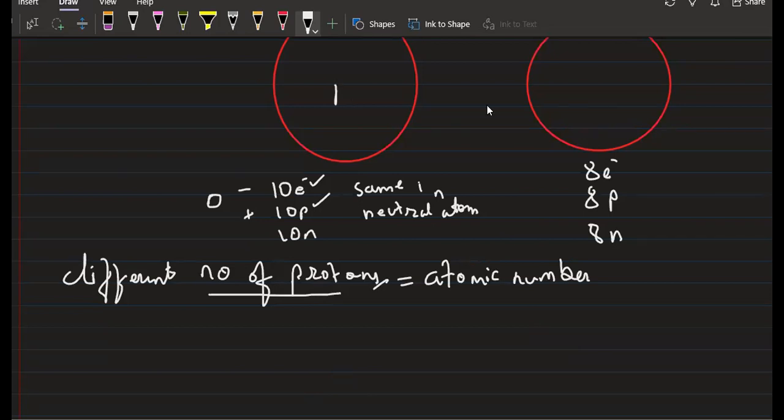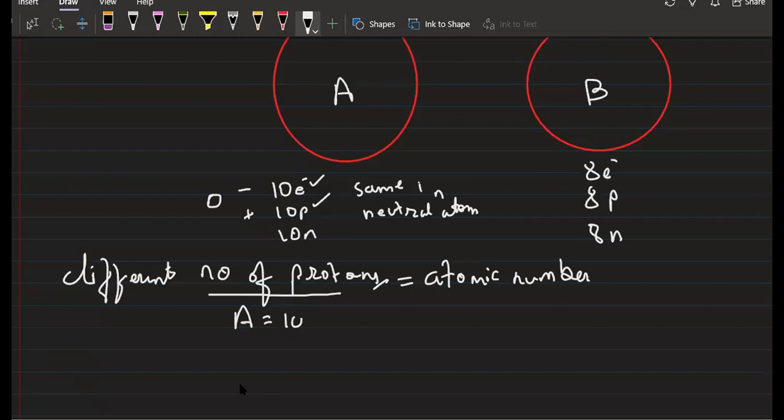So suppose this is atom A and this is atom B. What is the atomic number of atom A? Yes, Devika, very good. I said atomic number is the number of protons. So for A, it is 10.